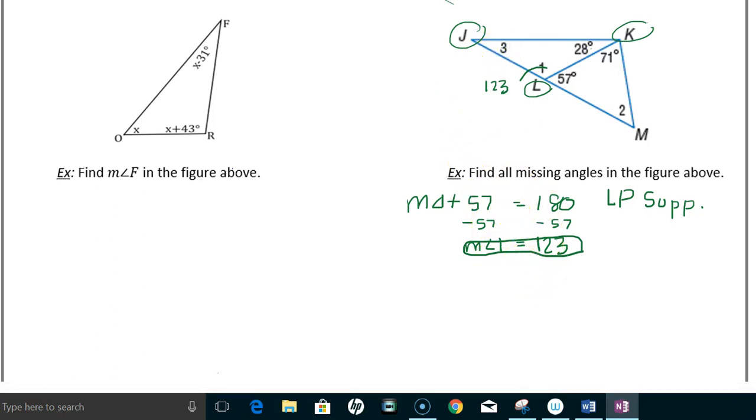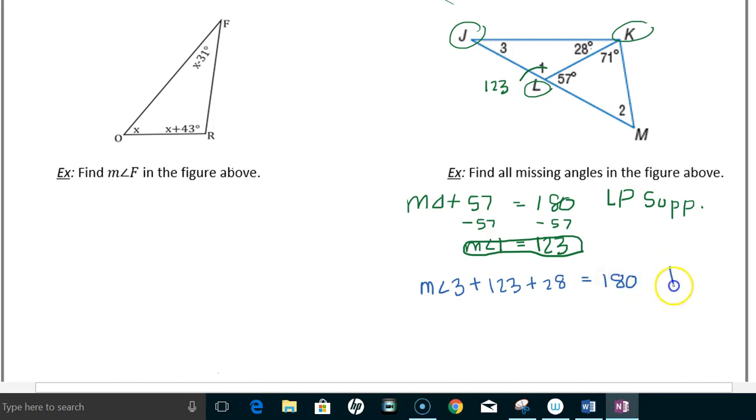I know because they form a triangle, the measure of angle 3 plus the 123 degree angle plus the 28 degree angle sum to 180 degrees because of the Triangle Sum Theorem.